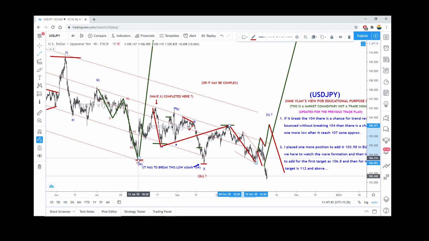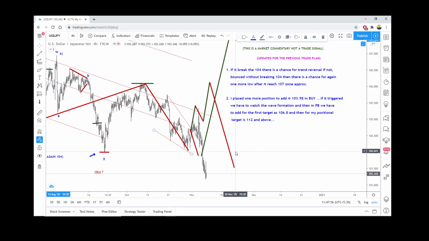So there is one more chance, if it did, that this is not the X wave for this W, or if it is an X wave, ABC has to finish, because 1, 2, 3, 4, and 5 already completed here. It has to break this low, but it failed to break this low.